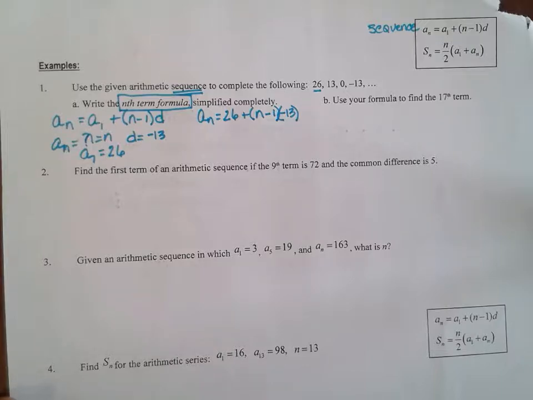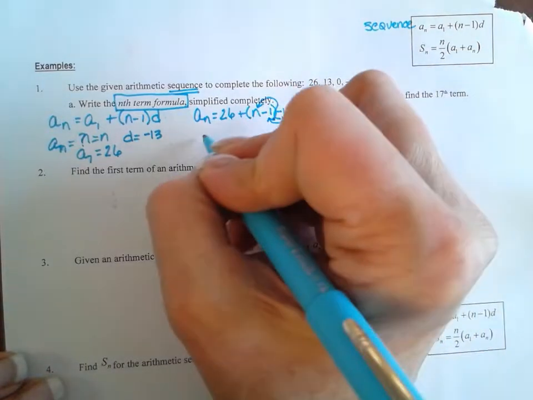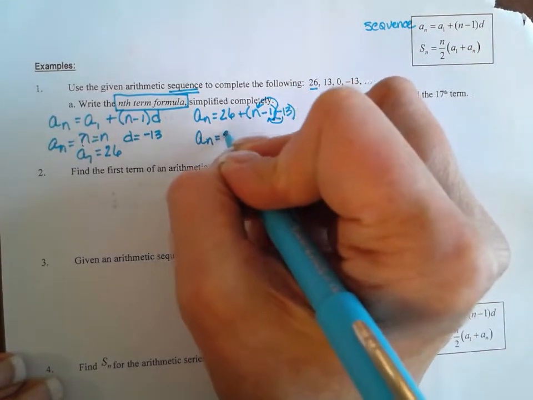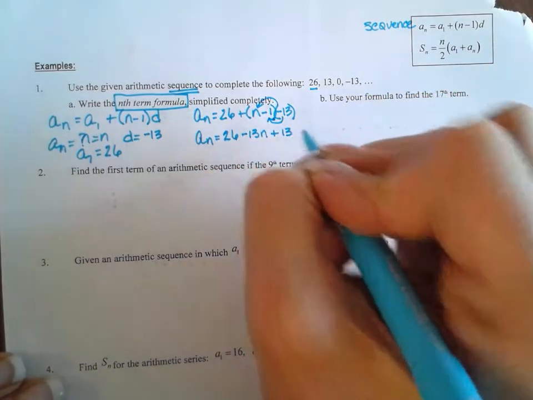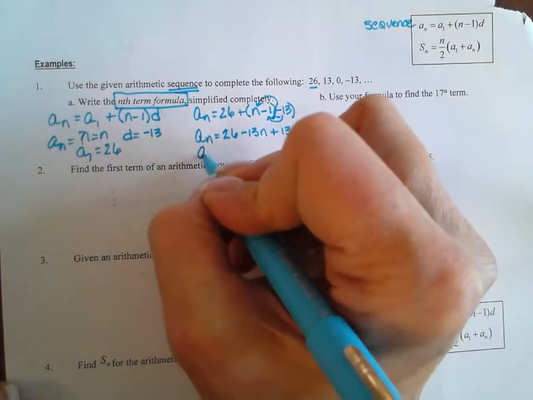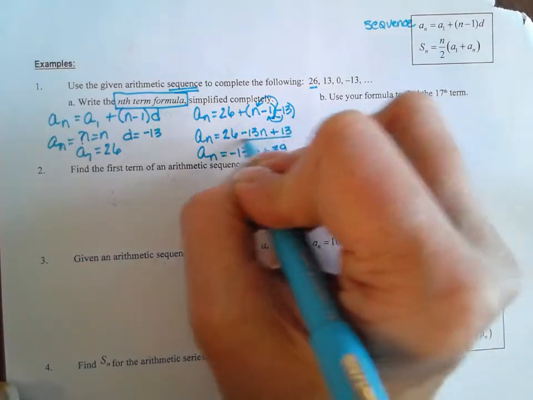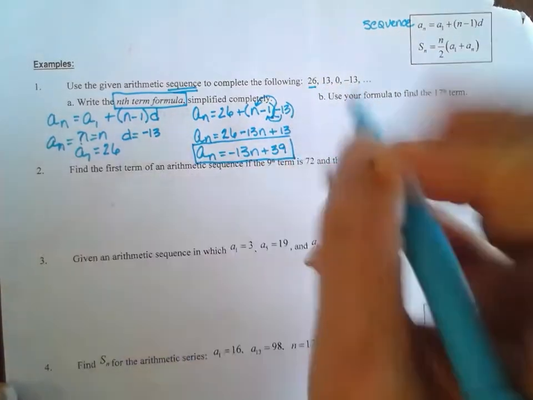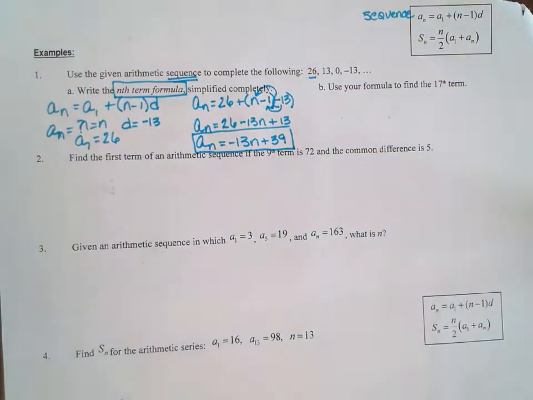Everybody with me? Okay, so let's distribute. And so I'm going to have 26 minus 13n plus 13. Good? All right, when I combine all my like terms, for this particular sequence, that's going to be my rule.